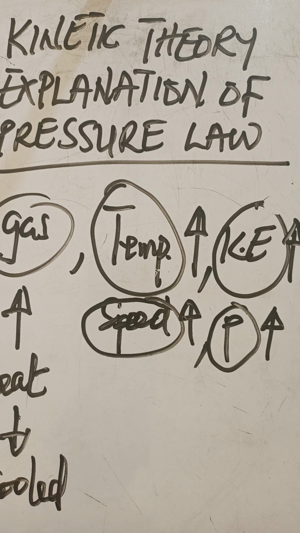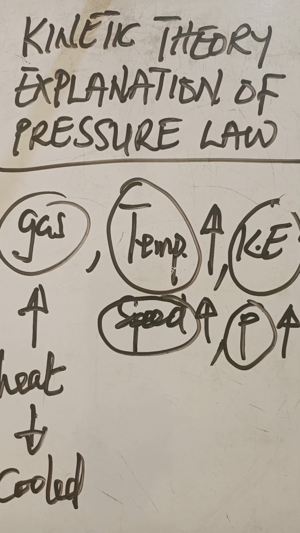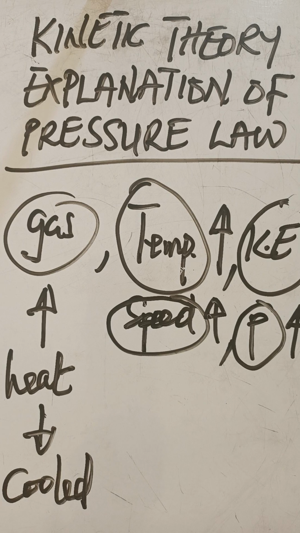When the heat is taken away and the gas is cooled, the kinetic energy will decrease, the temperature will decrease, and the speed will decrease. And when all these decrease, since the volume is constant, the rate of bombardment on the walls of the containing vessel will also decrease. And this will result in a decrease in the pressure of the gas.